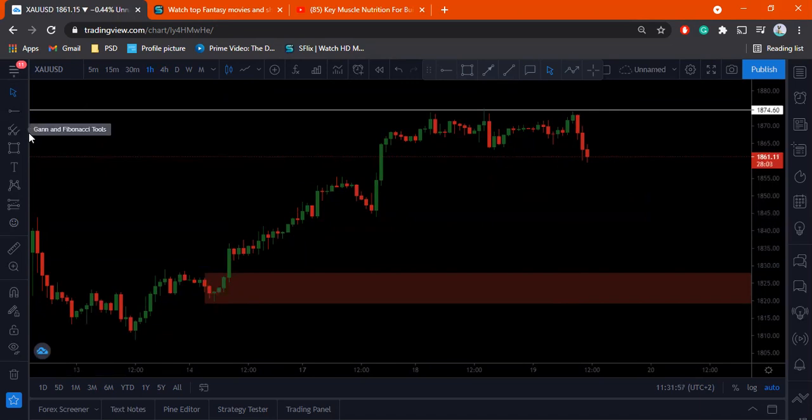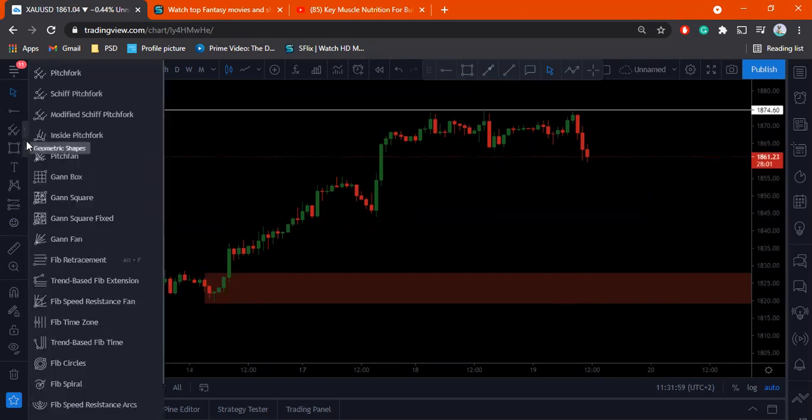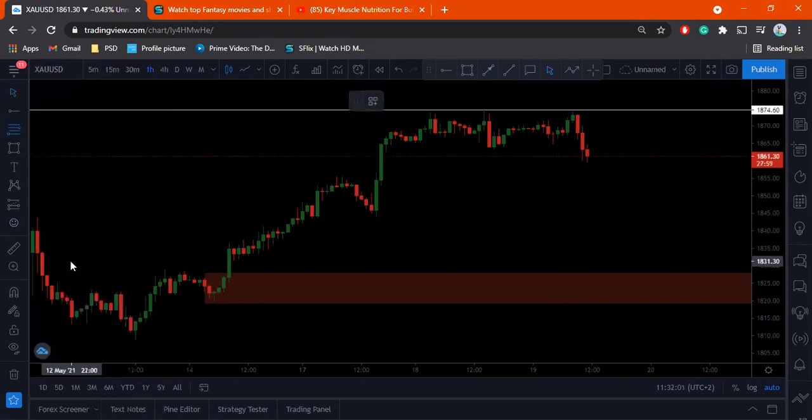And then on the Fibonacci, they are looking for the 61 or 50% retracement.